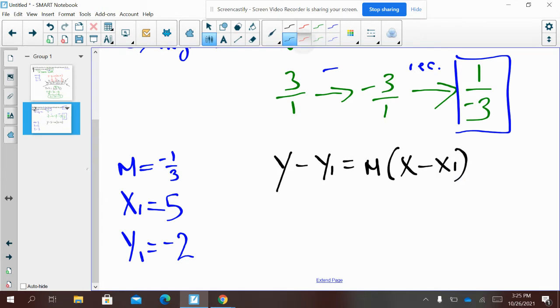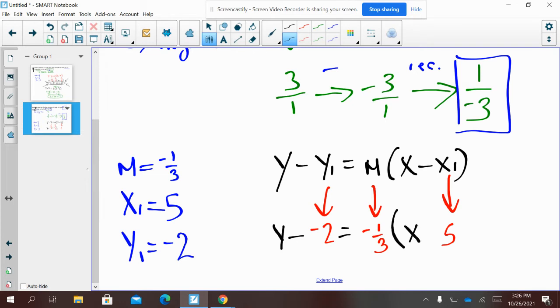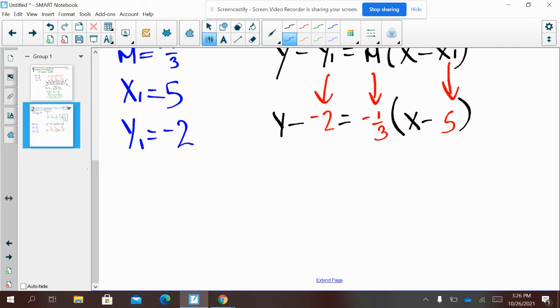Now I know what my y1 is. It's a negative 2. I know what my m is. It's a negative 1/3. And I know what my x1 is. It's 5. Everything else trickles down. And to clean it up just a little bit, I'm going to turn any double negative into a positive.